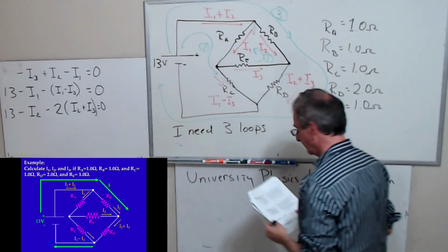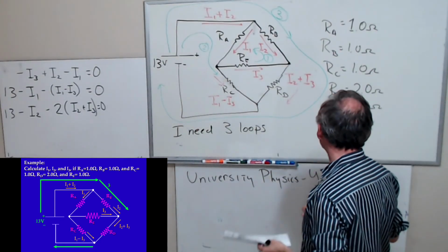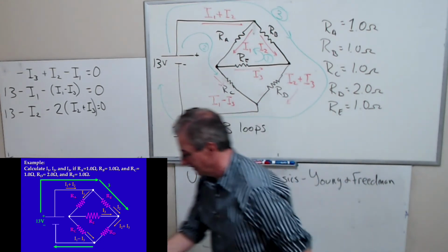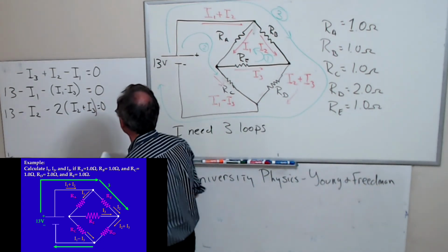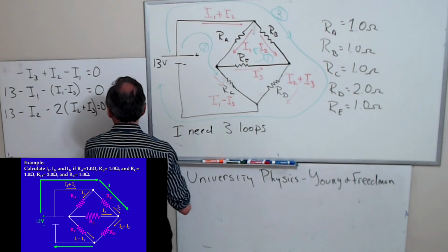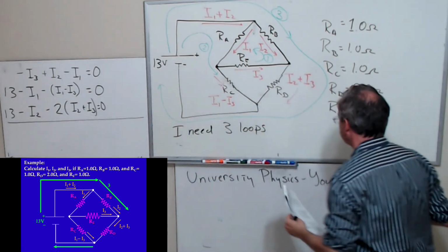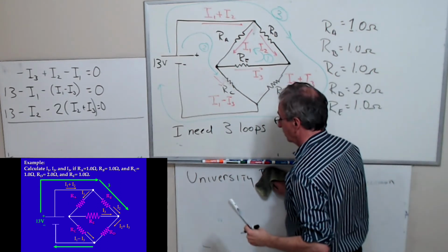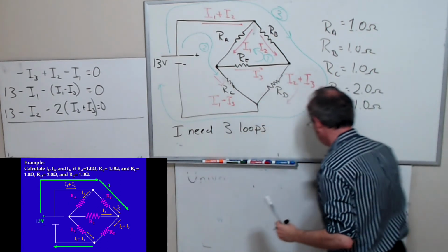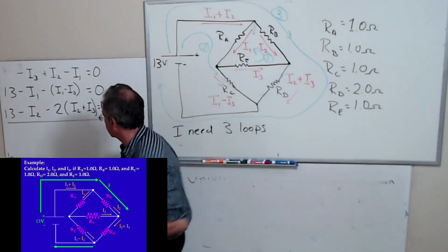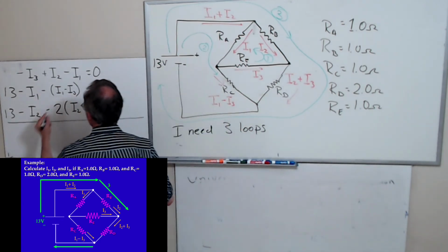Okay, please don't try to solve this by substitution. Let me rewrite them. I'll rewrite them here. Hopefully I have enough space. I'm going to write the top one like this.